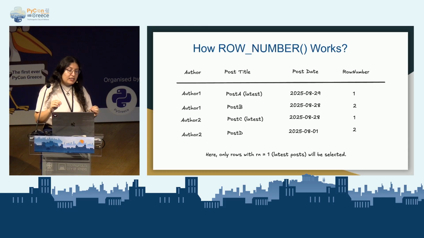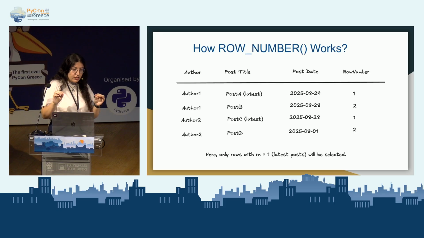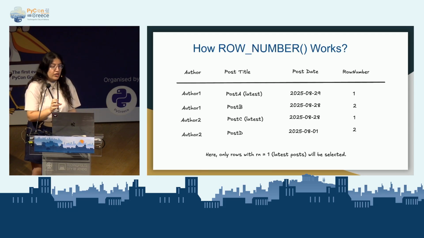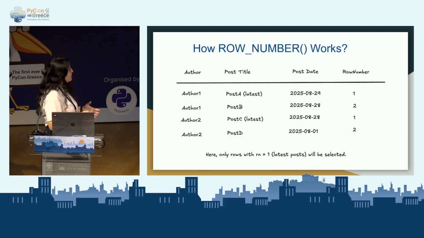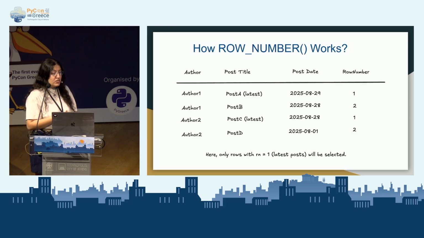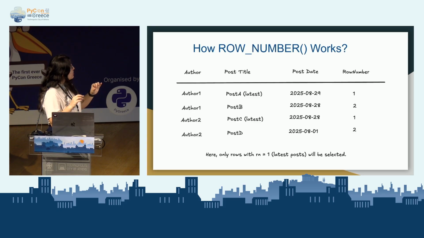Then the database gives a unique number 1 to the first item in this partition, then gives 2 to the second item. Author 2 post C and author 2 post D are a different partition for us. So the database takes the first item in the second partition and gives it 1, and the second item gets 2. After that, we can filter row number equals 1. This way, we can find the latest post for each author.